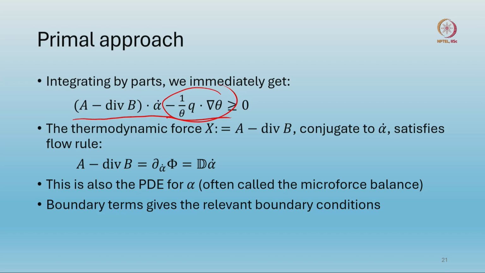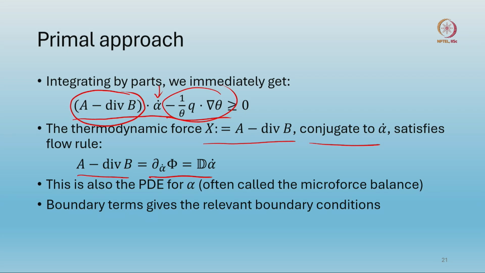What is important here to understand is that this is my new thermodynamic force which is conjugate to alpha dot. By the same logic, call it X, A minus divergence of B, which will contain essentially both X epsilon p and X kappa. This is conjugate to alpha dot, so it must satisfy the flow rule based on the convex analysis, because there is a phi that is part of the overall potential.